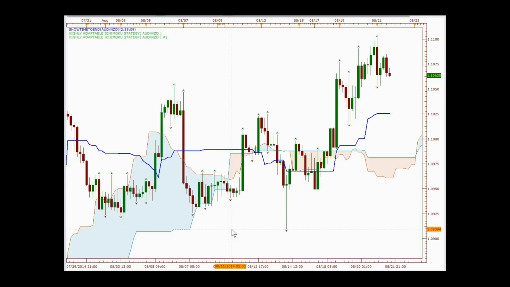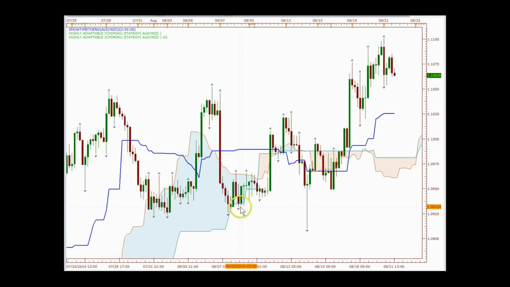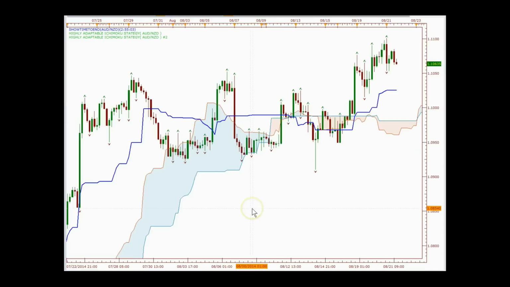All right, so we're going to start off with the Aussie New Zealand dollar. We'll look at excess supply, excess demand, or oversold, overbought, whatever levels you want to call it. But basically the market is in disequilibrium. When the market's in equilibrium, it's going to be closer to this blue line, which is the Kijun-sen.